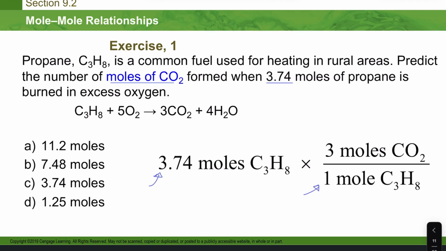Divide that by the number of moles in the equation and the ratio to the moles of CO2, the thing that we're looking for. We'll cross out C3H8 on both sides and multiply across. It's going to be 3.74 times 3. And that is going to give you the number of moles of CO2 that you have at the end, which ends up being 11.2 moles.